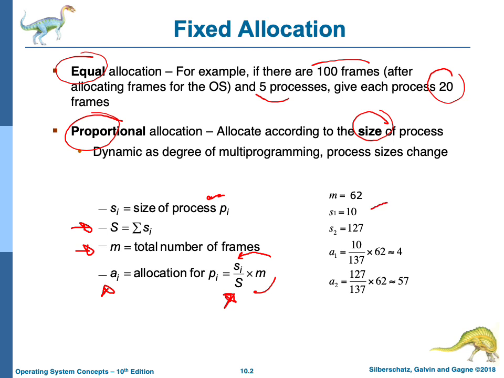And so if we have 2 processes, where process number 1 has a size of 10 and the second has a size of 127, then we're going to end up allocating 4 frames to the first process and 57 frames to the second process, right? Because the size of the second process is bigger than the first process, therefore we're going to end up allocating more frames to the second one.